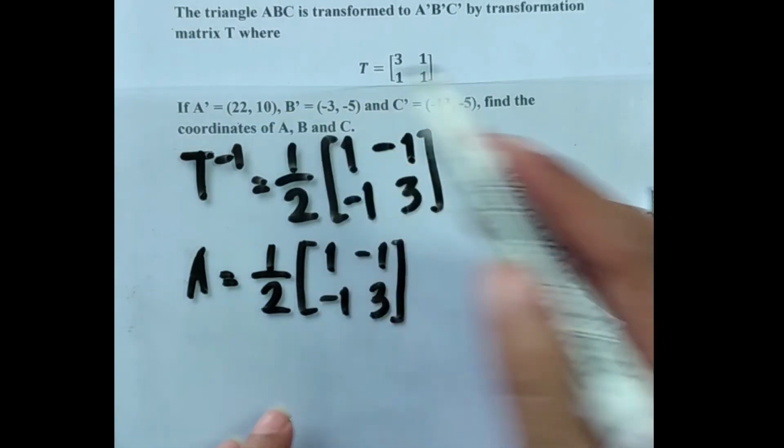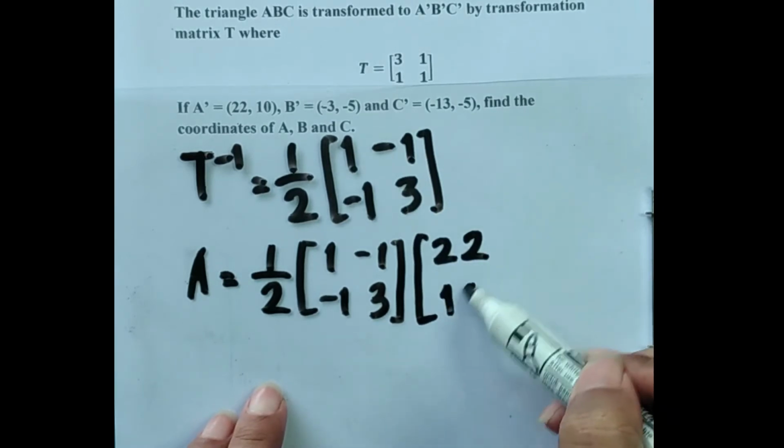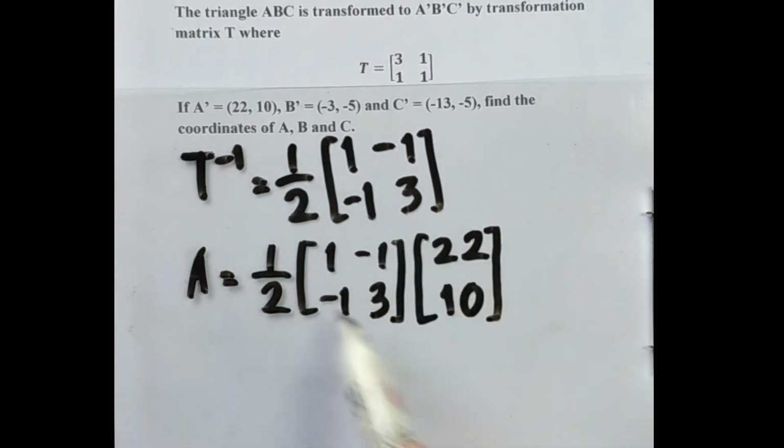A accent is 22 and 10. Make it as a matrix. You just need to mind the matrix. Just leave the half first.